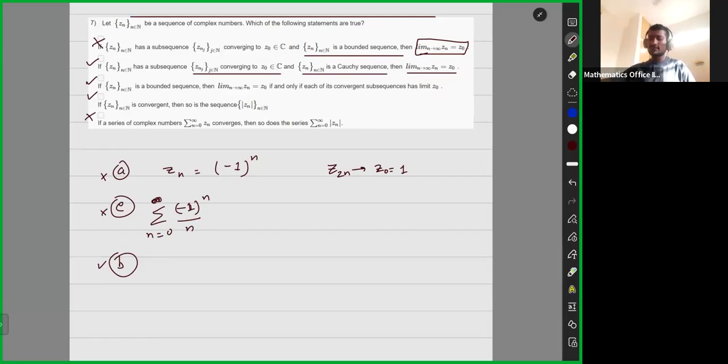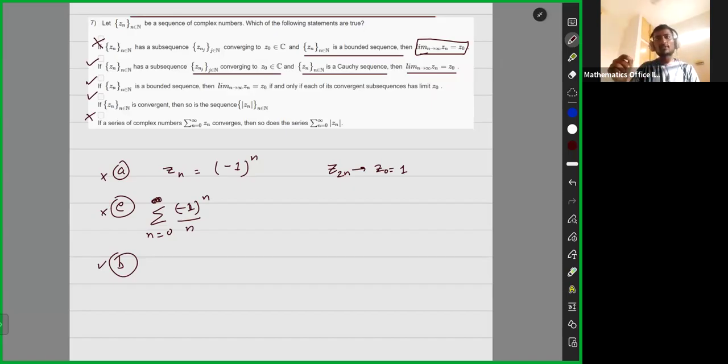Because Zn is Cauchy, what happens? After some stage, the distance between terms becomes so small that it tends to zero when n tends to infinity. The terms of the sequence are getting closer and closer, epsilon close. If someone gives me epsilon, after some stage the terms will be epsilon close, and one of the subsequences converges to some number. What happens? The actual sequence, after some terms, all the terms are very close because of the Cauchy criterion.